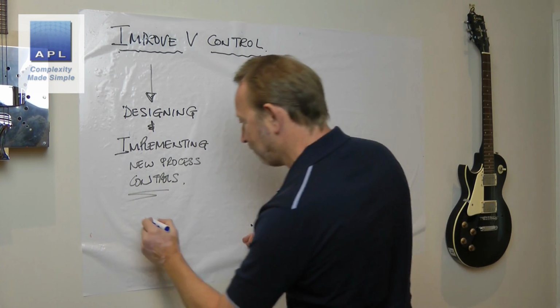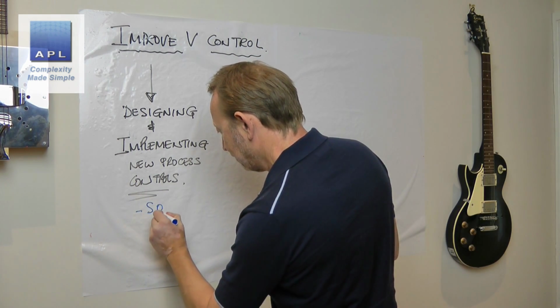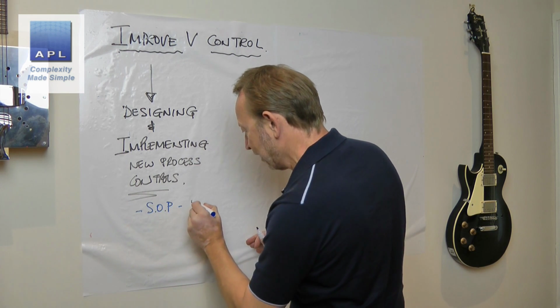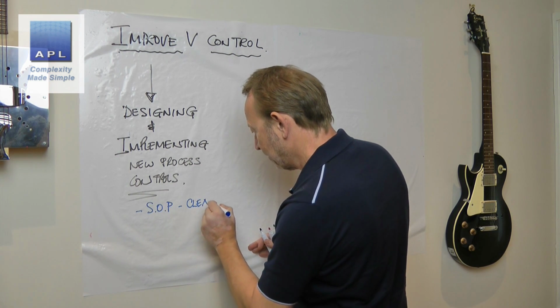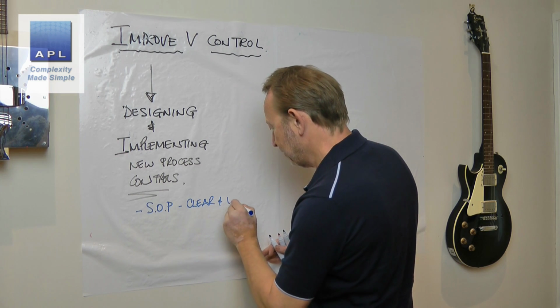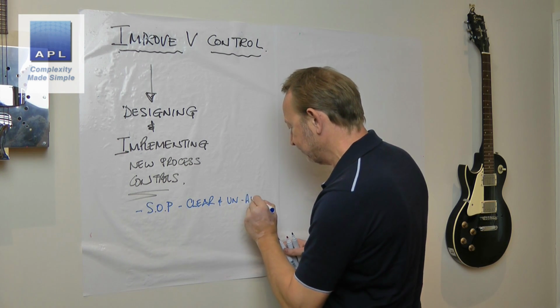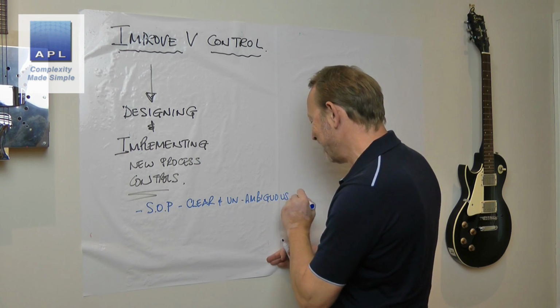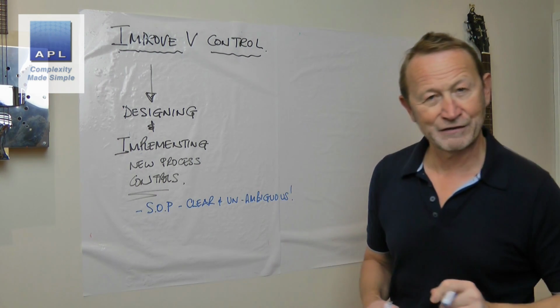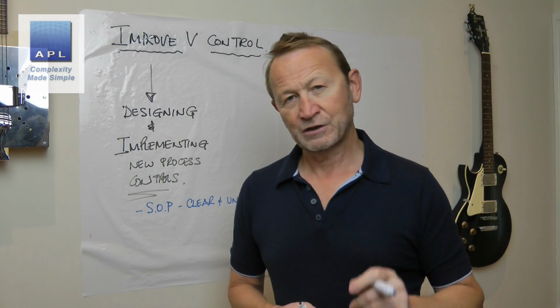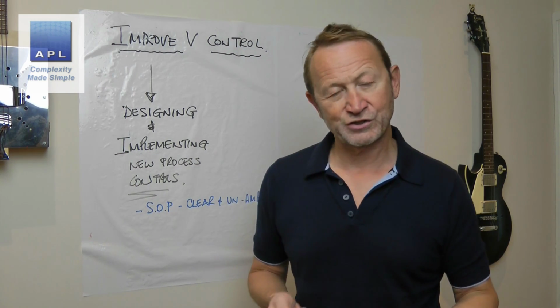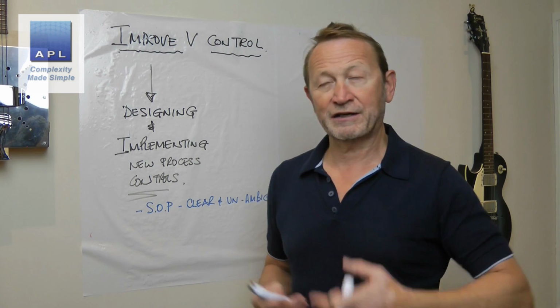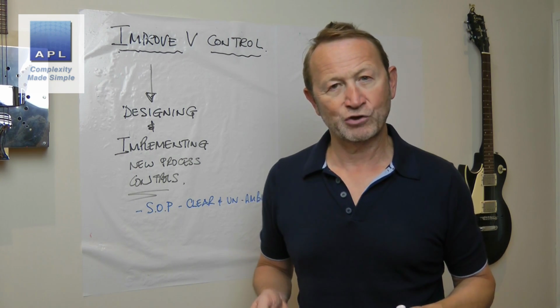So of course these can be very traditional. They can be simply making sure that your SOPs are more clear and unambiguous. A key point is that you never ever give the operator choice. You never rely on the operator's skill. So you don't say adjust the machine until you get a good result.